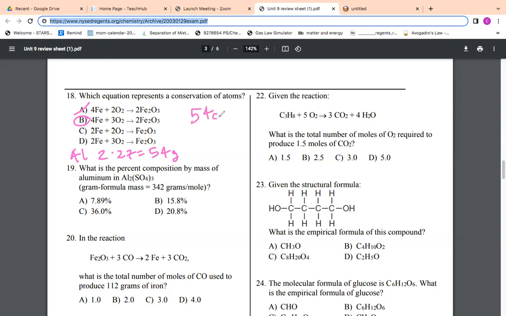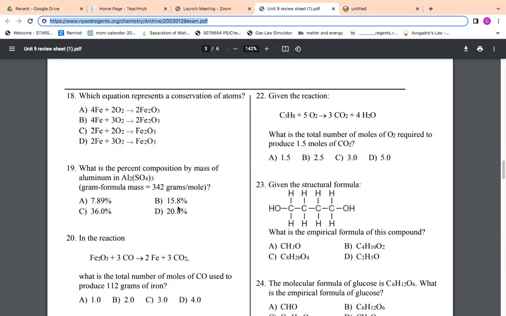So it's 54 grams for just the aluminum, but the entire compound is 342 grams. So you divide these and multiply by 100, and you should end up with 15.8%. Again, you divide these two numbers and then multiply by 100.